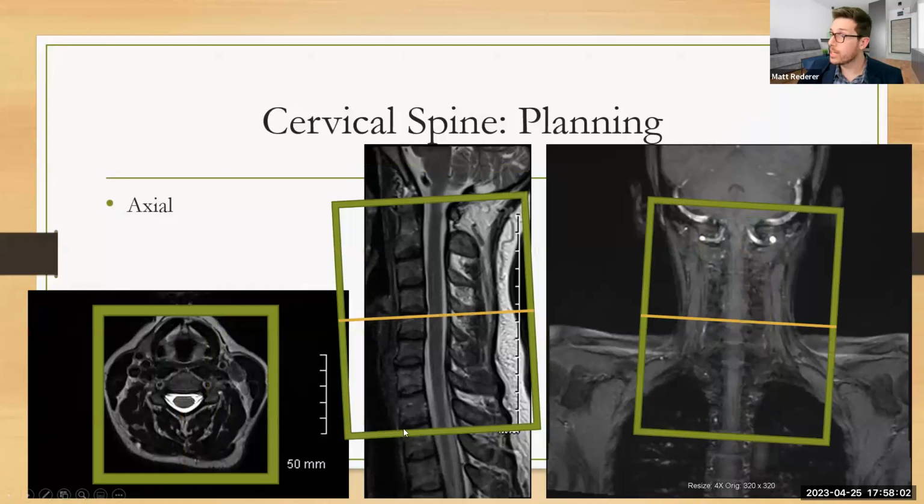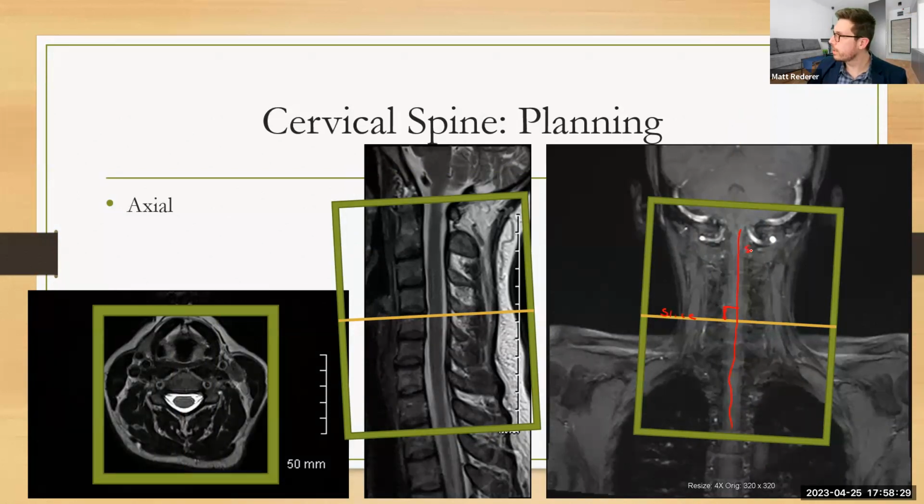For an axial, I just need to cover that entire cervical spine, separating the body into a top part and a bottom part, right? This axial slice, cutting right through this patient. And if this is the spinal cord, you can see that my slices are going to be perpendicular. This is my slice.